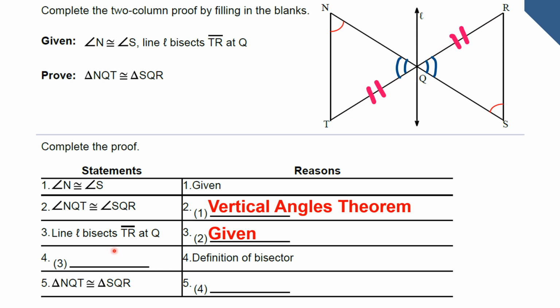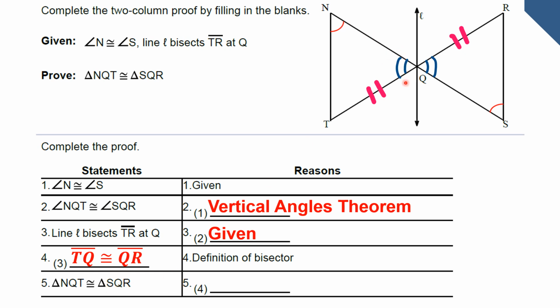That's going to be our statement: line segment TQ is congruent to line segment QR. And that was by the definition of a bisector. A bisector splits things in half.